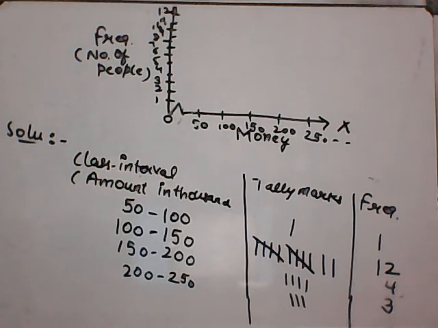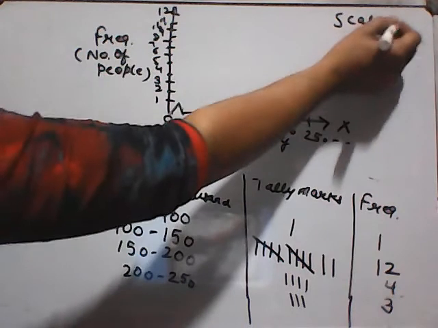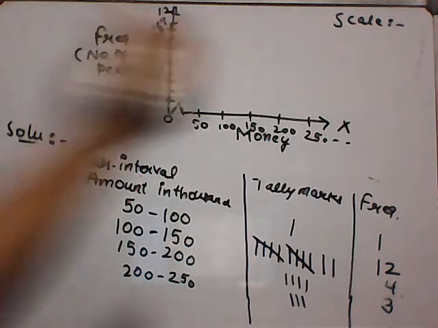Now in this case we have to mention the scale. Scale means how many units one division represents on the x-axis and on the y-axis.